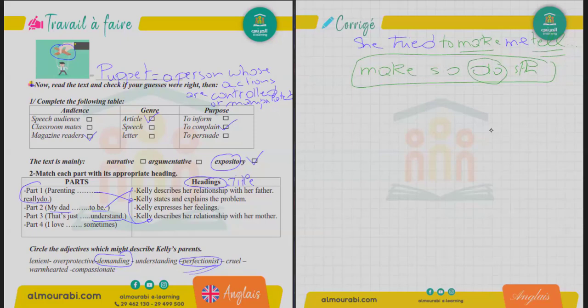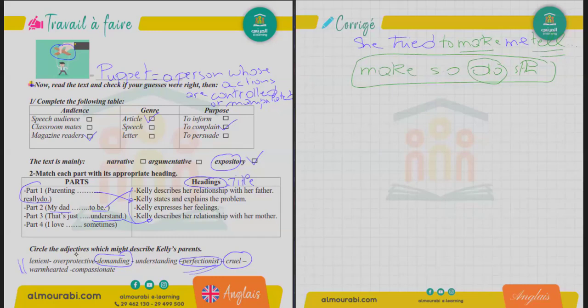All right, that's the mom. Once again, from the list of adjectives, you just find words or adjectives that best describe the mom. Cruel. Maybe she's cruel, yeah. And if she tries to know everything about her kid, she is overprotective.